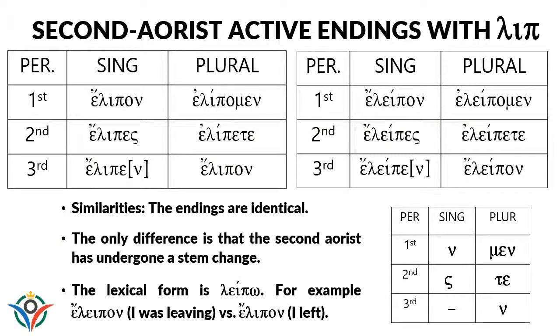So let's turn our attention now to the second aorist active endings with lip. I've given you two tables here. Let's call this table 1 and this one table 2. I'd like to begin by looking at the similarities between these two forms.